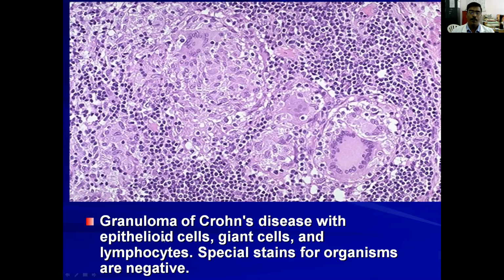Granulomas of Crohn's disease have epithelioid cells, giant cells, and lymphocytes. Special stains for organisms are usually negative, such as for H. pylori, which is negative. For this reason, as we said previously, inflammatory bowel disease is predominantly a disease of exclusion.